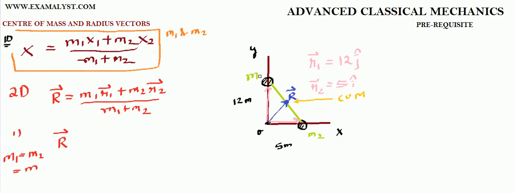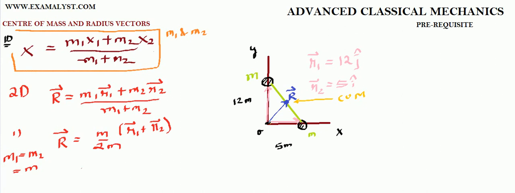Let me remove the 1 and 2 because both masses are the same in our example. Then what will happen? If you take m common, you will have r1 vector plus r2 vector, divided by 2m.